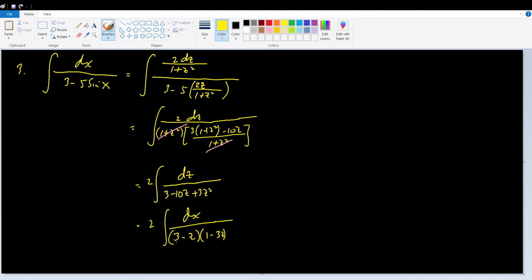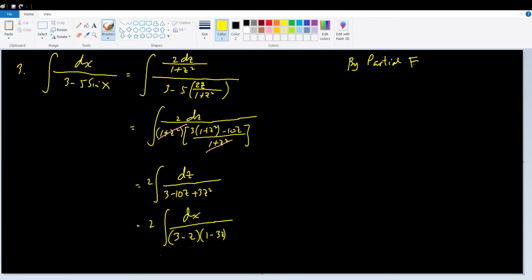Let us check on that. 3 times 1 is 3, negative z and negative 9z is negative 10z, and negative 3z times negative z is positive 3z squared. So what we have as our integrand is a rational function involving two linear factors. So we apply partial fractions.